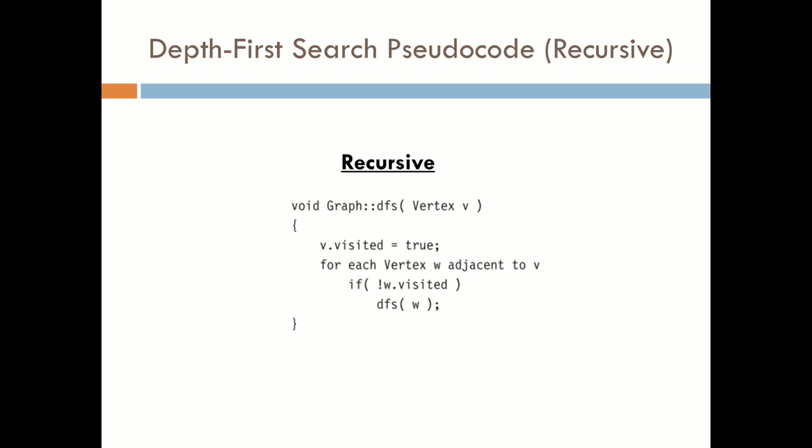It simply takes a vertex to start from and marks that vertex as visited, and then for each adjacent vertex to the vertex that came in, if it's not been visited, we call the function recursively. So that's a very clean looking recursive function.